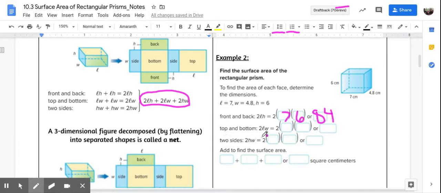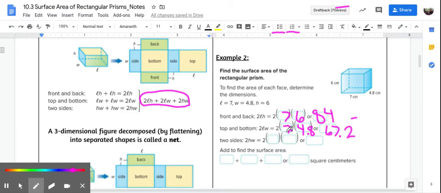So I'm going to take my top and bottom, 2 times length times width. My length again was 7, times my width, 4.8. I'm going to take advantage of using a calculator and know that 2 times 7 times 4.8 is 67.2. Now I have my two sides, 2 times the height times the width.